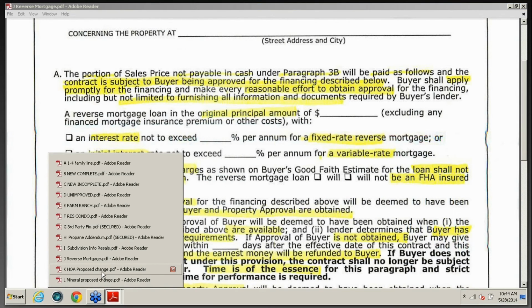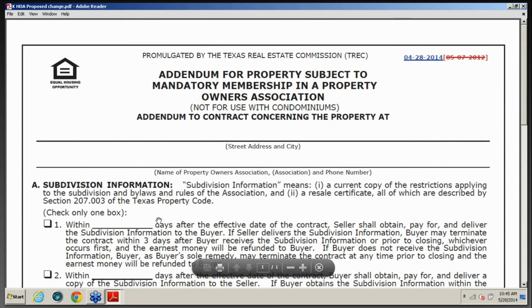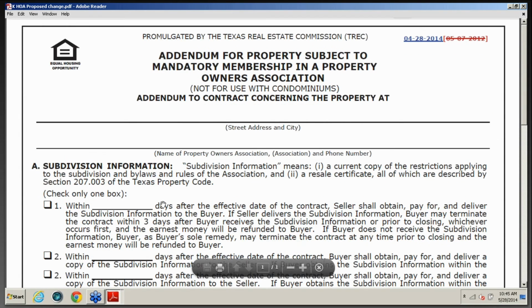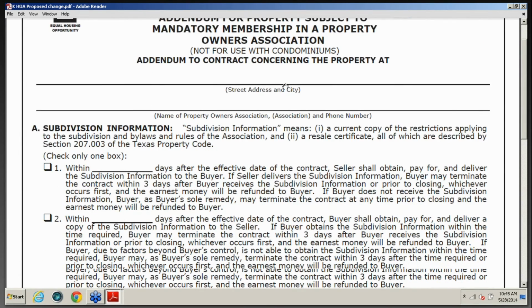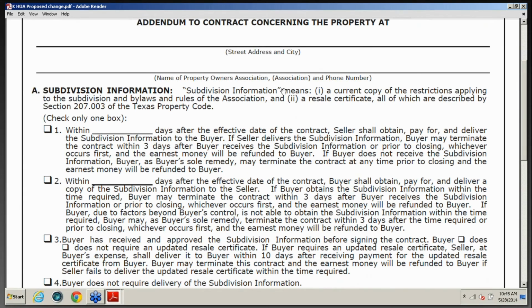Okay, we only have 2 more forms and then we are done. All right, the addendum for property subject to mandatory membership. Let me explain these next 2 forms, and here's what I'm going to ask you to do for me. These are still under consideration. You can go to texasrealestate.com, click on the For Realtors tab at the top.